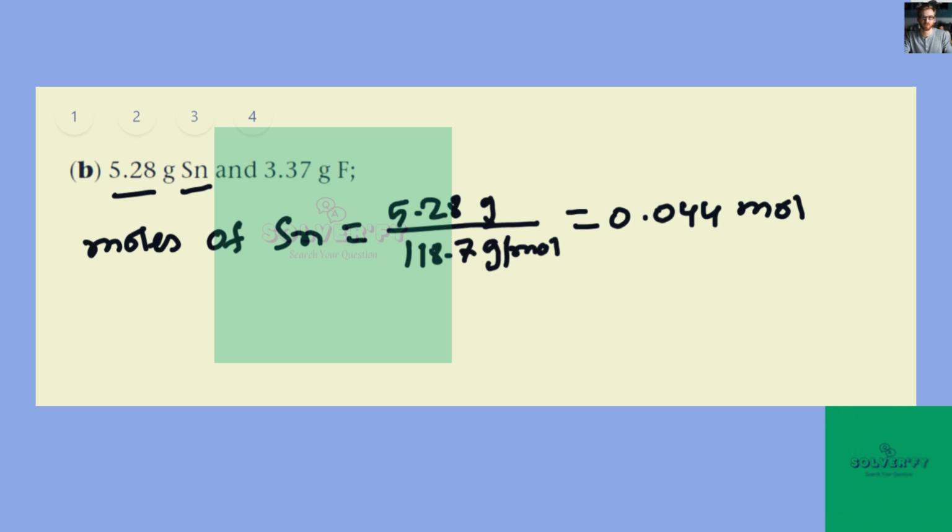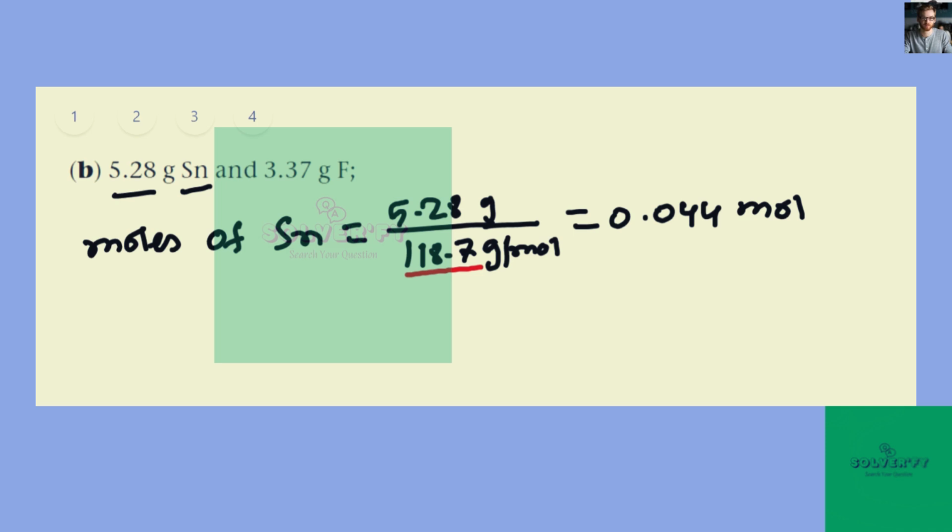So for best accuracy, what is done here is, 4 significant figures are taken for the molar mass of each element. So the number of moles of tin is 0.044 mole, which we have calculated here.